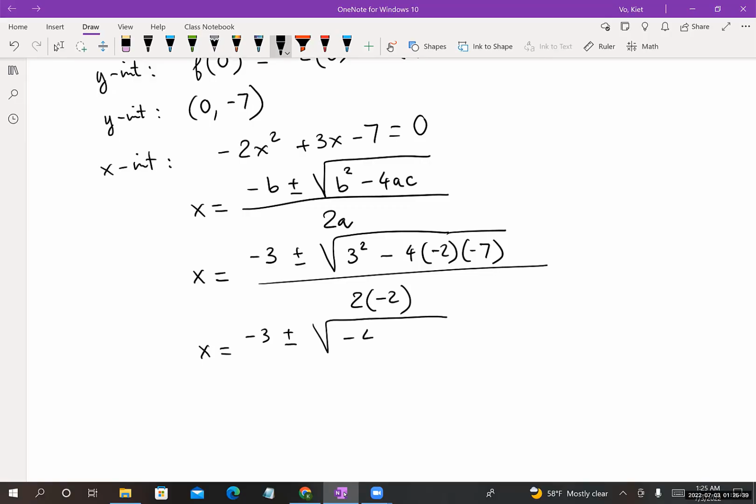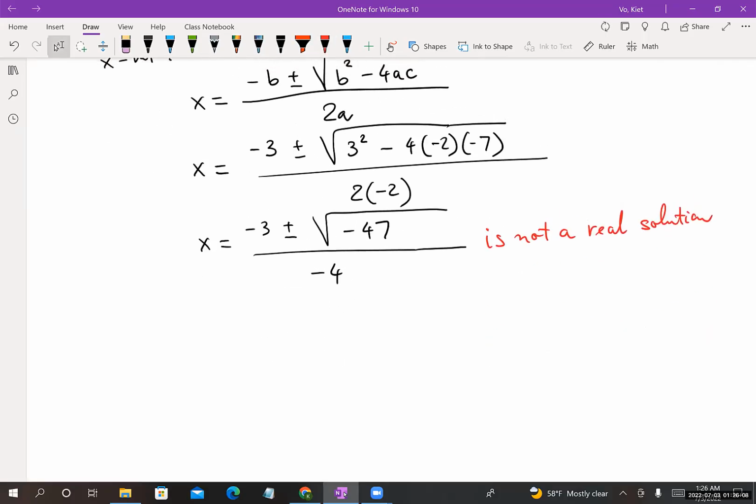Negative 47, over negative 4. Now, because the radicand, which is the number inside the square root, is a negative value, that means that there is no real solution. Okay, so this solution is not a real number, is not a real solution.